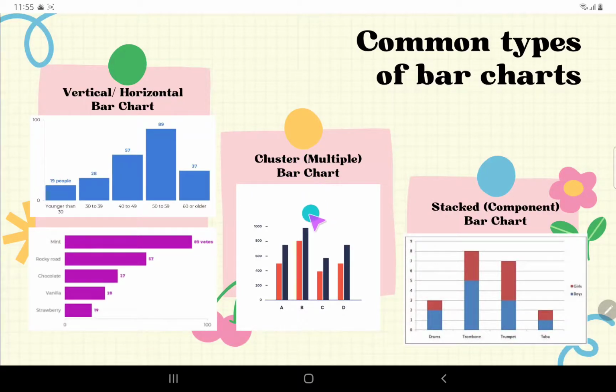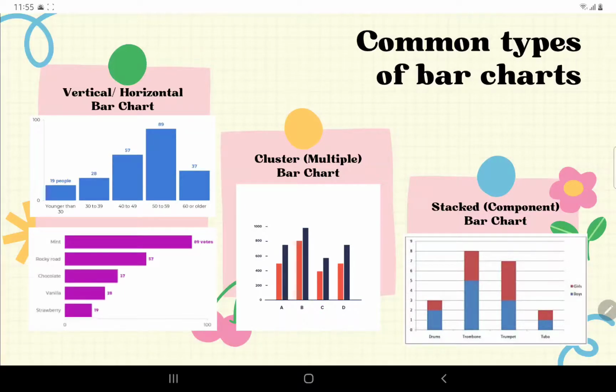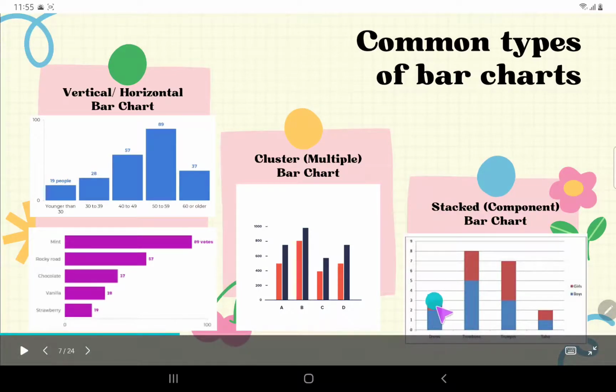In cluster bar chart, it uses several bars for each item, while in stack bar chart, the chart is stacked up and down or left to right. Okay.